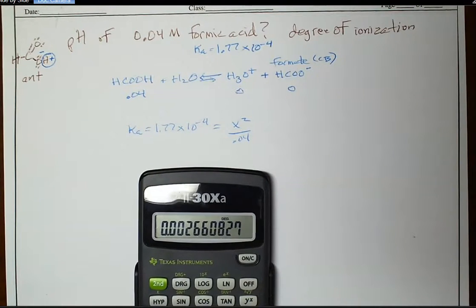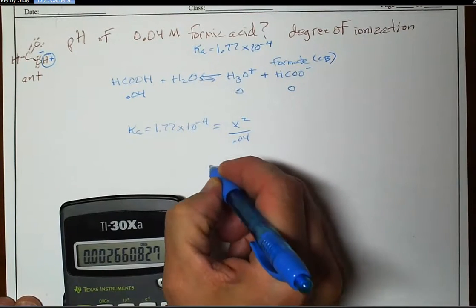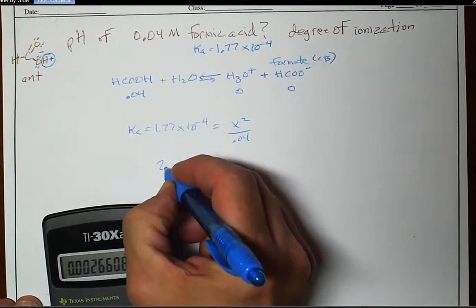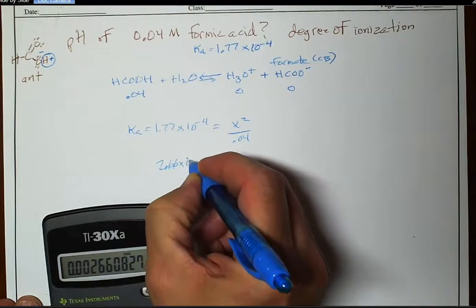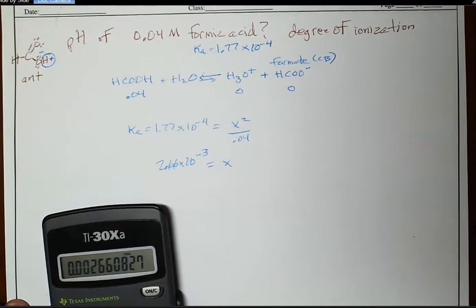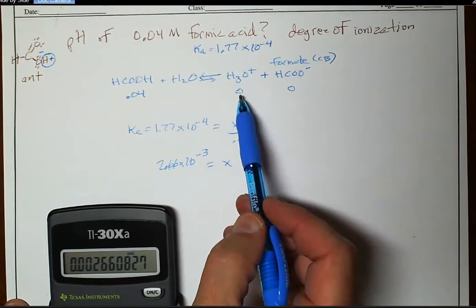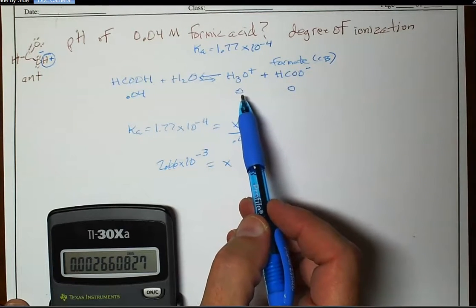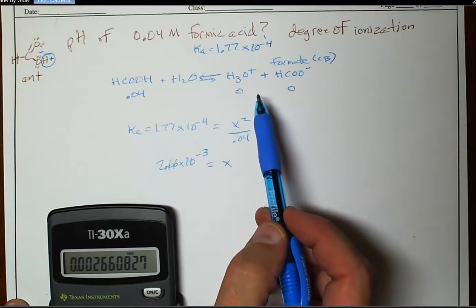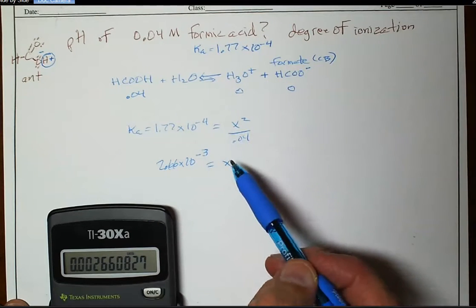And that's 2.66 times 10 to the negative 3. So x is 2.66 times 10 to the negative 3. All right. Now what does x represent? X represented hydronium here. That's the ICE table that I skipped, but we've seen that same thing over and over and over, so I hope you're okay right here.